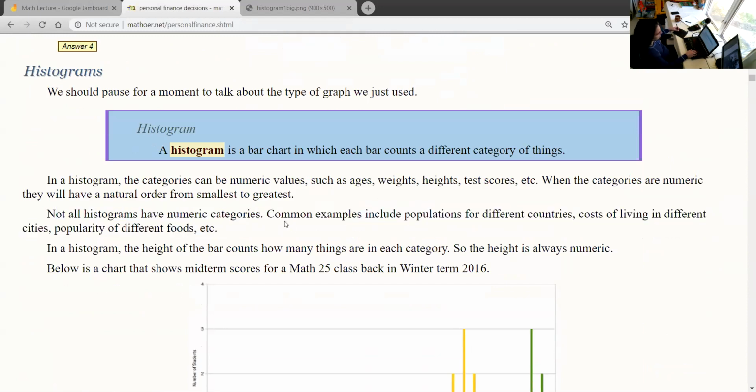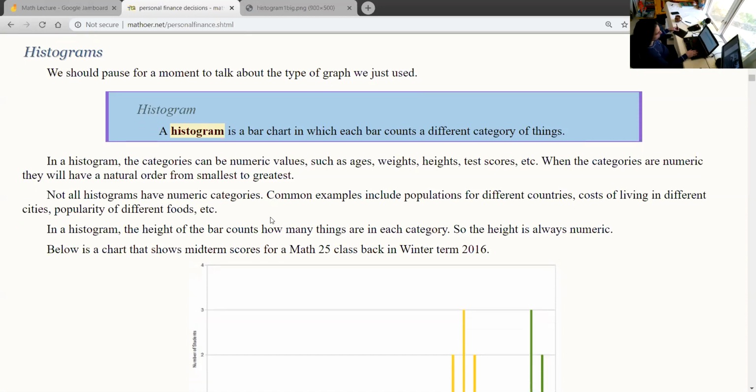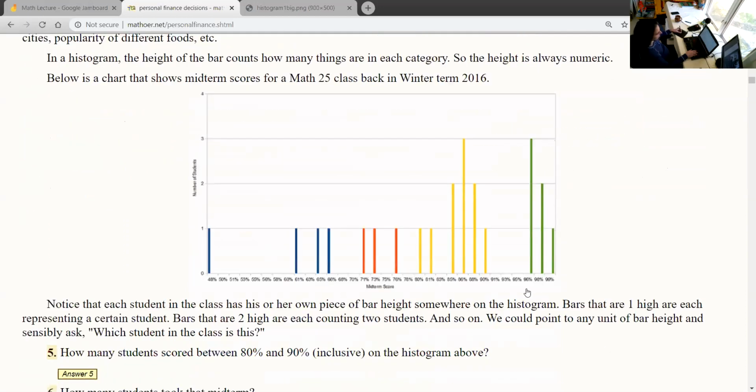If we're looking at the population of different states or the income of different counties in Oregon or something, there's no inherent order to how the bottom axis goes. It's not like one country is somehow before another country on the number line, or one county in Oregon somehow. So you could alphabetize it or something, but that's a lot more arbitrary.